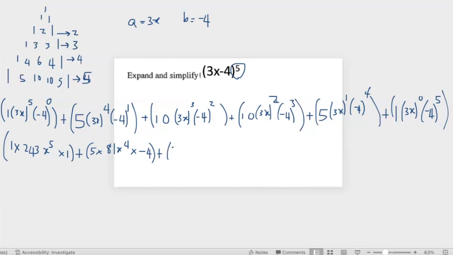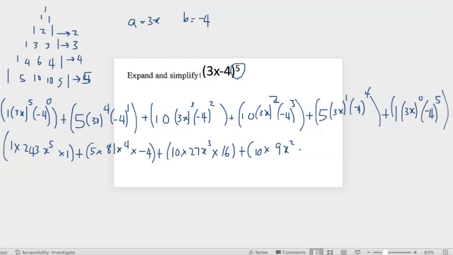Plus, we have 10 times cubing this is going to be 27x cubed, and negative 4 squared, so that's positive 16. And then we have 10 times 3x squared, so that's going to be 9x squared, and negative 4 cubed.